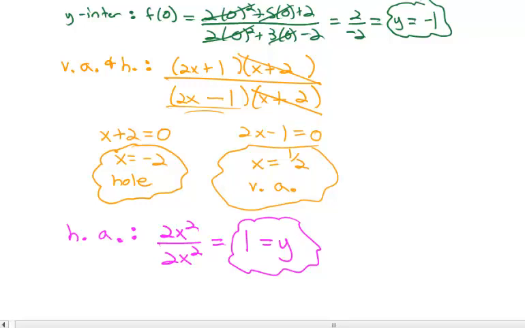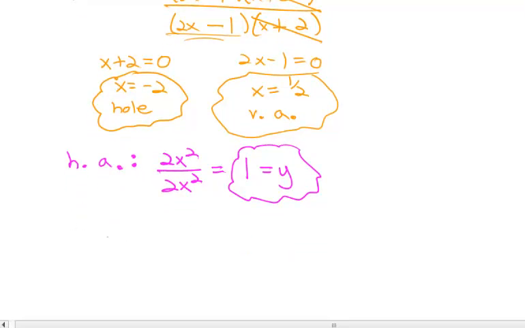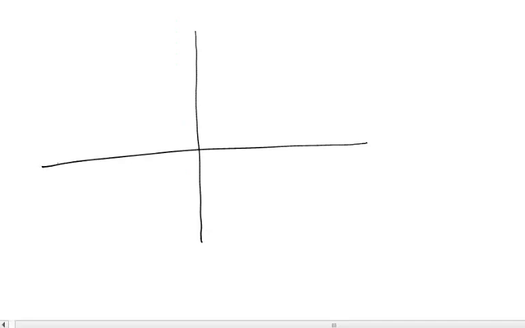So now that we've found all the characteristics of this function, let's see what its graph looks like. And let's do it on a black grid. Very straight lines.